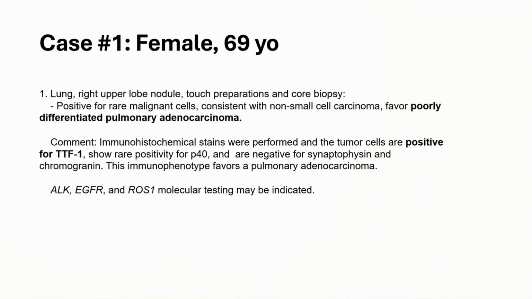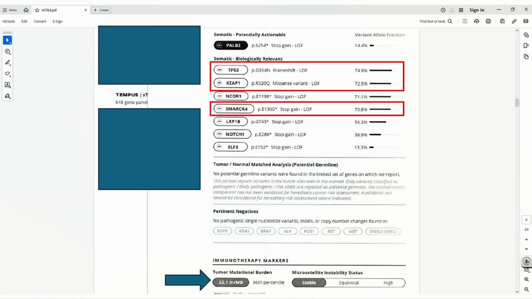Also in the pathology report, the pathologist recommended ALK, EGFR, and so on, molecular testing. At Ochsner, we do reflex testing. We don't need a clinician to tell us what to order. And Dr. Stack ordered Tempus.